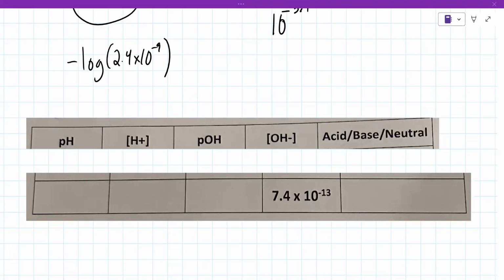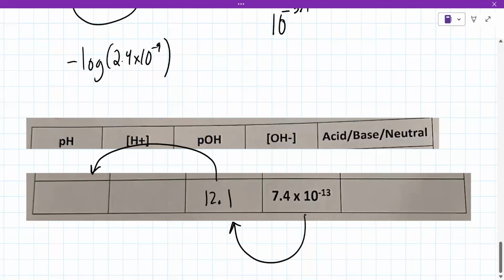Okay, so is the pOH, or well the H is 12. Wait, no, that's not right. You first have to calculate pOH. Oh yeah, okay, the pOH is 12.1. And then you go to pH, which is 1.9.